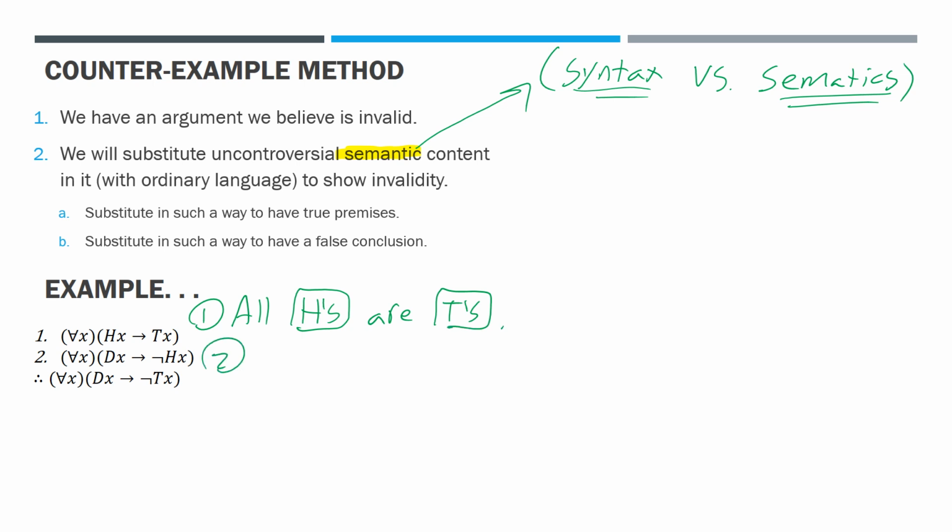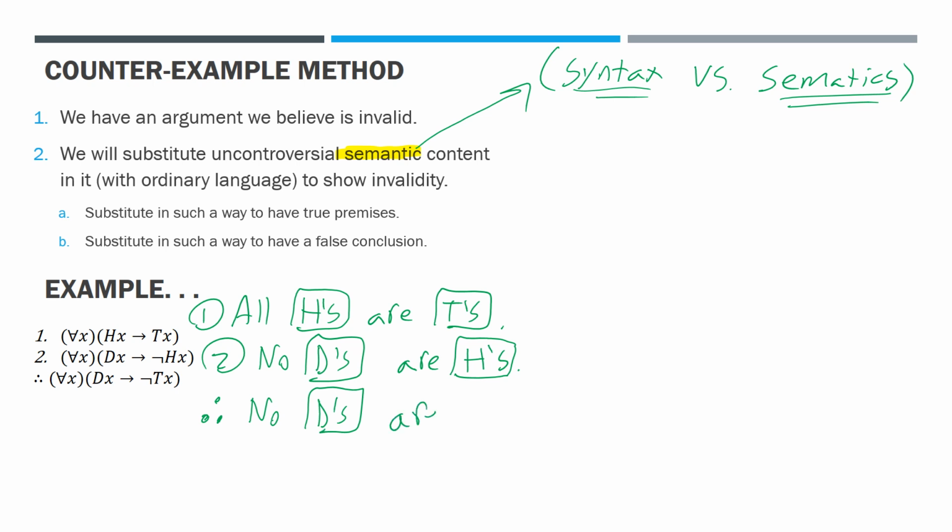The second premise: no D's are H's. And the conclusion is, therefore, no D's are T's.